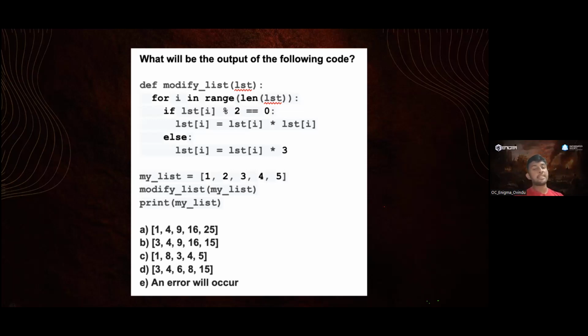If not, you can see the else statement: it will replace the element with the same element multiplied by 3. So 1 will be replaced by 1 times 3, which is 3. 2 will be replaced by 2 squared, which is 4. 3 will be replaced by 3 times 3, which is 9, and so forth. And you will finally be left with answer B.